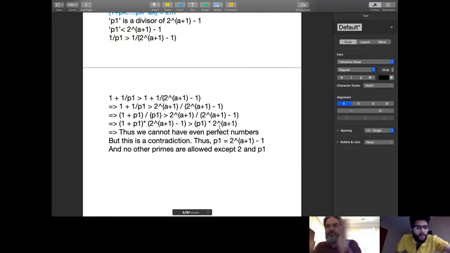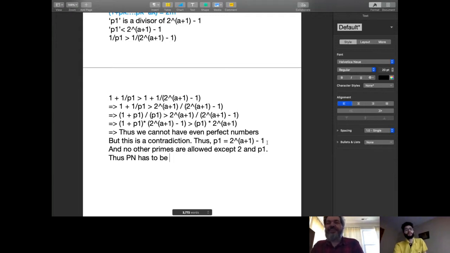So in conclusion, the prime factorization of our number has to be of this form. Pm has to be 2 to the a, and then times P1, just P1, because it was P1 to what power? 1.